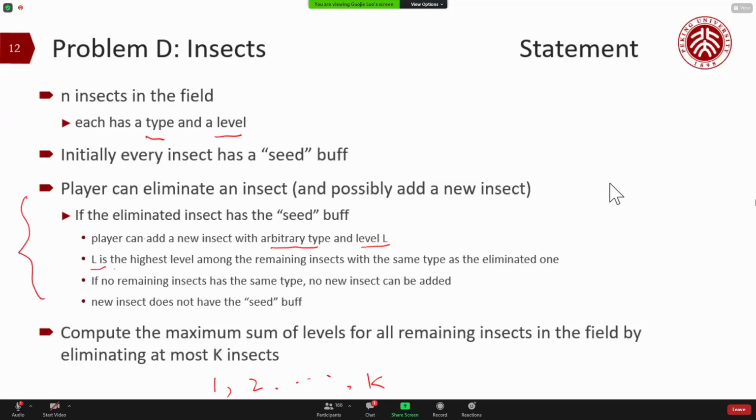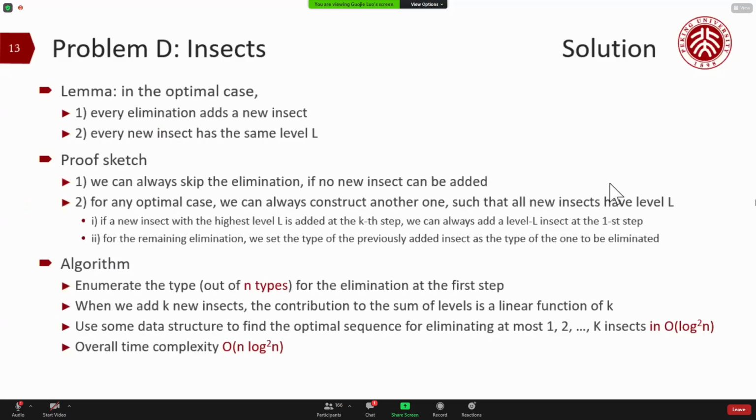So here's the problem statement, and let's see the solution. For this problem, we also need to derive some properties of the optimal case. We can find two statements. One is that in the optimal case, every elimination adds a new insect.